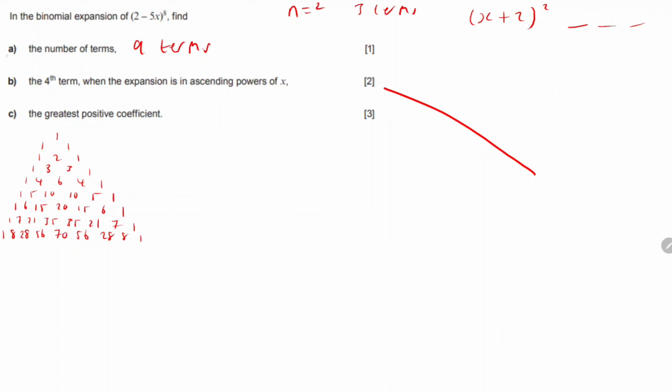Let's just check our answer for part A. 1, 2, 3, 4, 5, 8, 9. Okay. Now we want to find the fourth term when the expansion is in ascending powers of x.